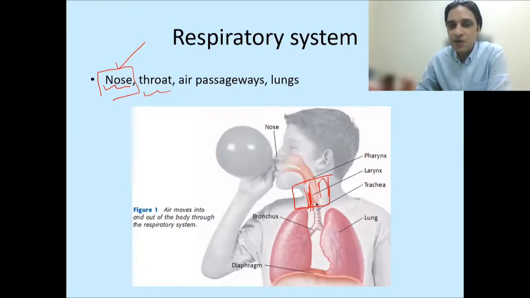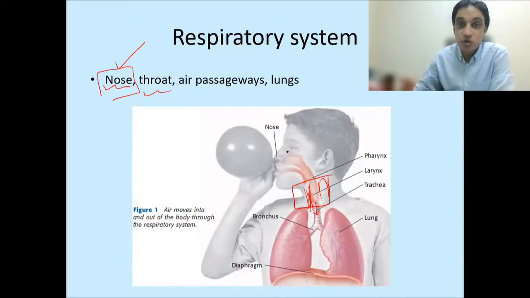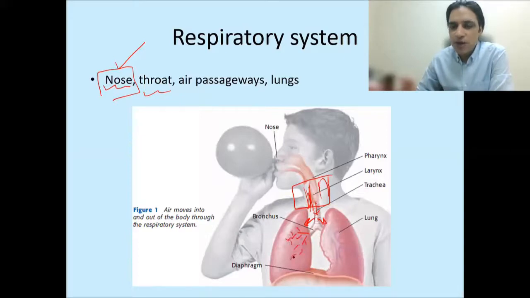And then the air passageway enters into a very, very big vessel, which is called trachea. That vessel is very strong, and this vessel is further divided into two smaller vessels, which are called bronchus. And then these vessels divide to produce very small air passageways, which end up in grape-like structures.